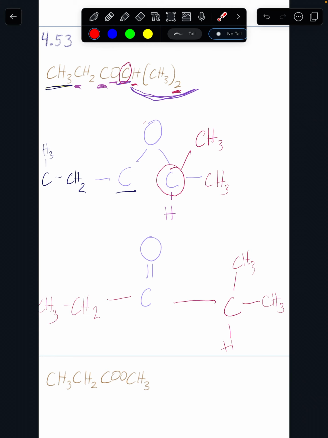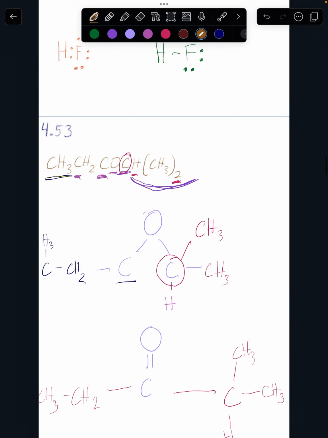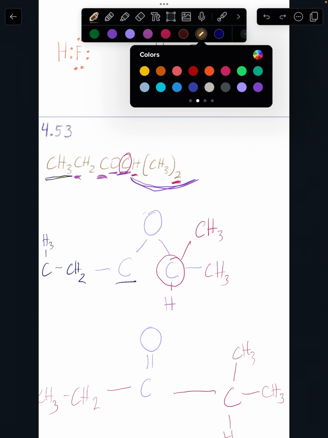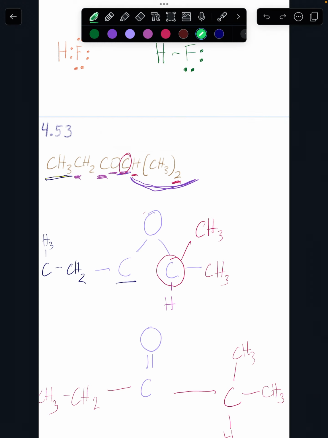Now, in the full answer, what you want is to actually have it all drawn out. So you would have your C, your 3 hydrogens. Go to your next carbon, 2 more hydrogens. You have your carbon with your double bond.